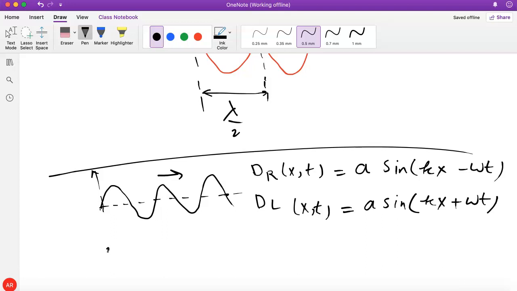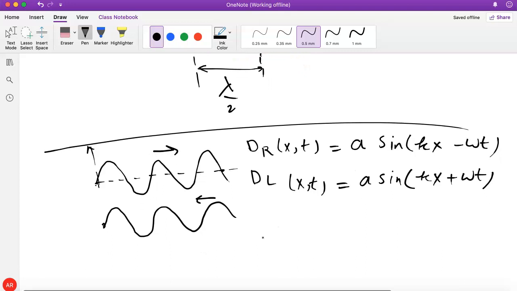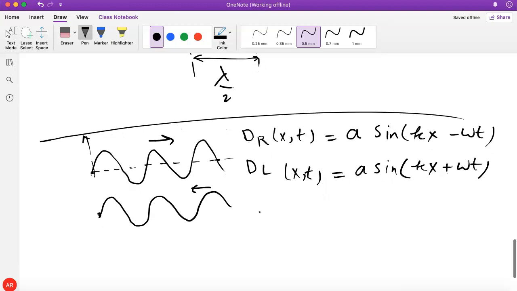Again, it looks the same, but is moving this way. As a reminder, k is 2 pi over lambda. Omega is 2 pi over T, the period, for example. All right?